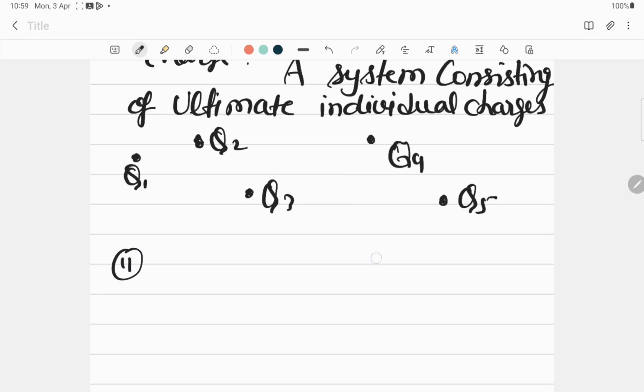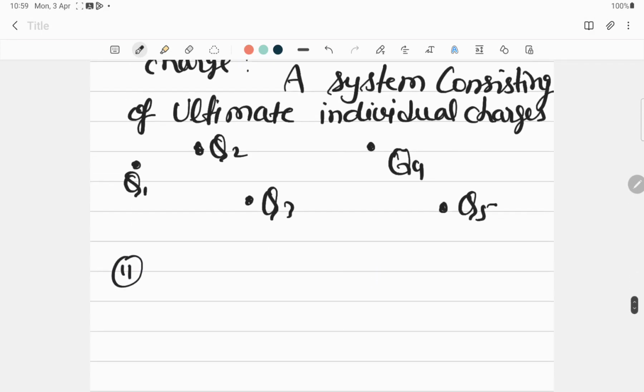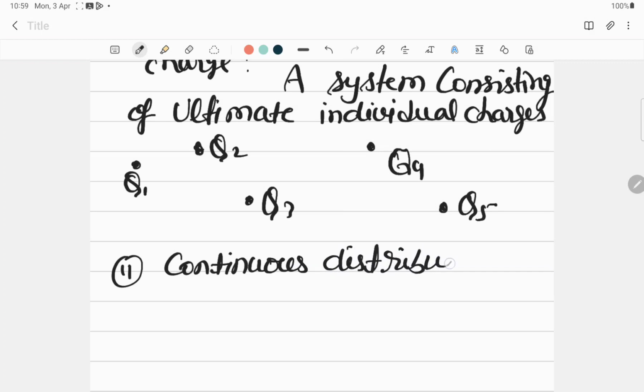And the second one is the continuous distribution of charge.